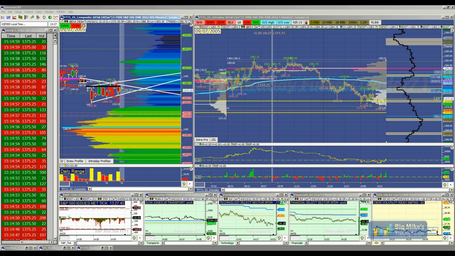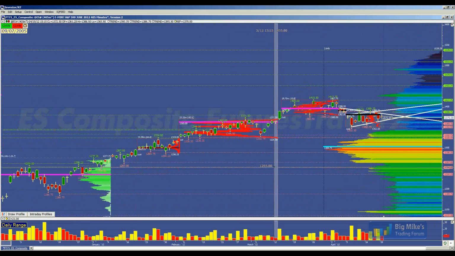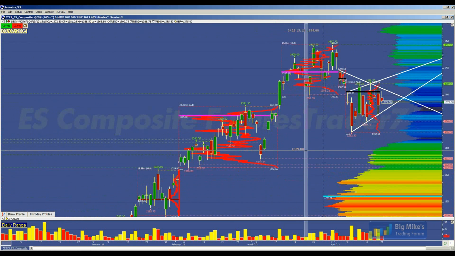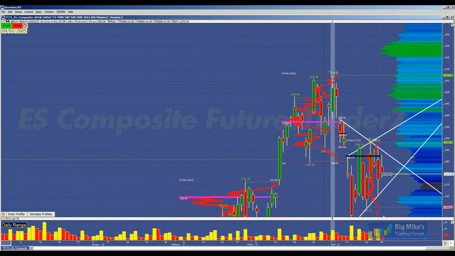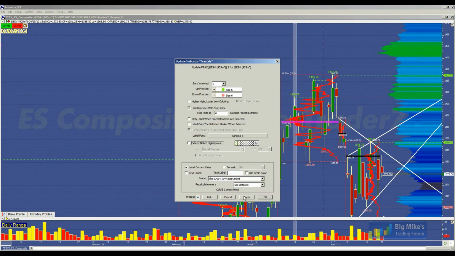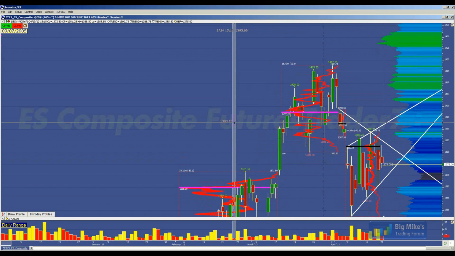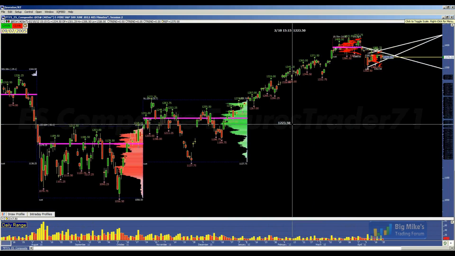Next, I look at the big picture. This is very colorful, but I got some extra lines on here. Since I only trade during day trading hours, I don't really concern myself too much with the overnight, although I use the information from the overnight session, the Globex session.